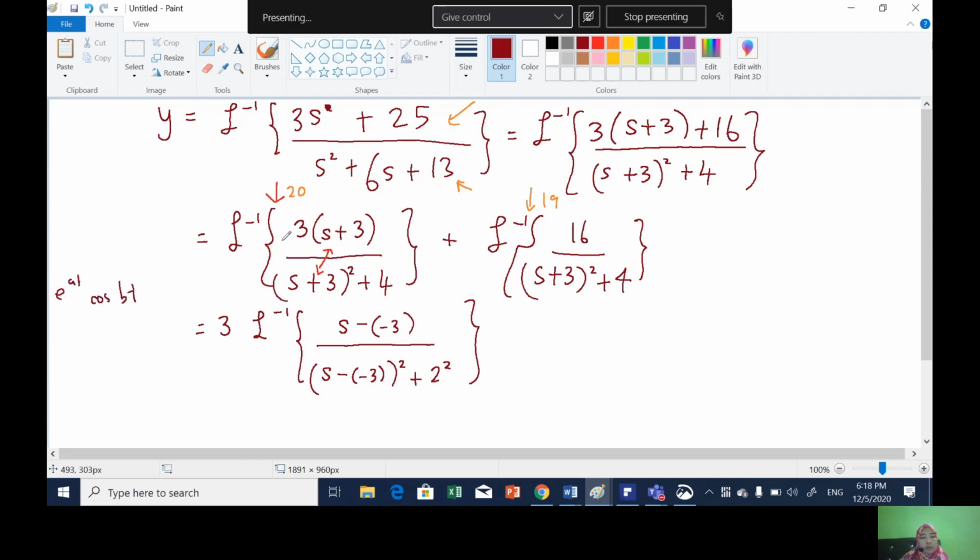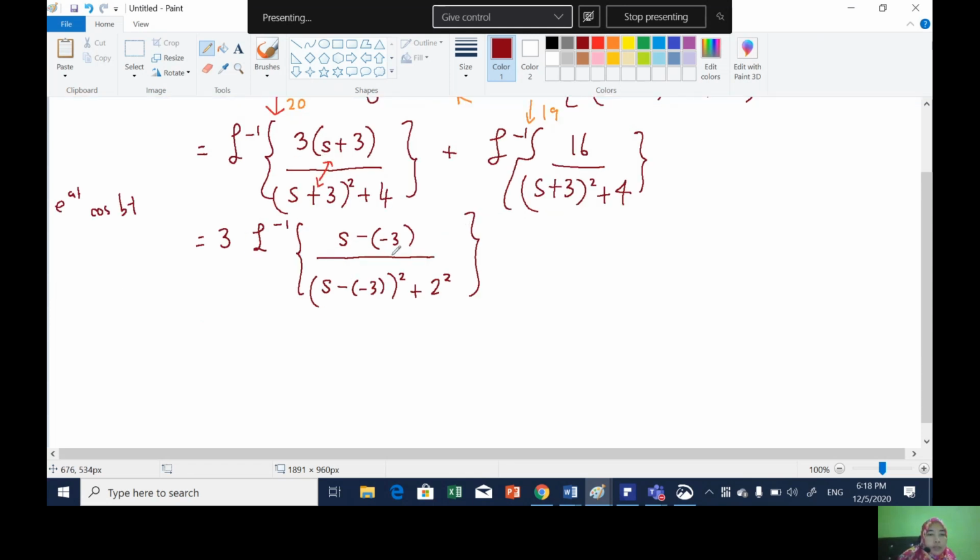This is the general form after finding the inverse transform. Here, this is 3, so this is our A, and this is our B. A is -3, B is 2. Therefore I'm going to write down 3 e to the power -3t cos 2t. So this is the inverse.